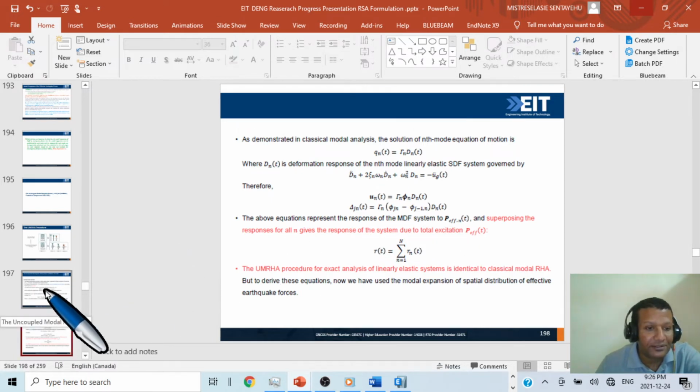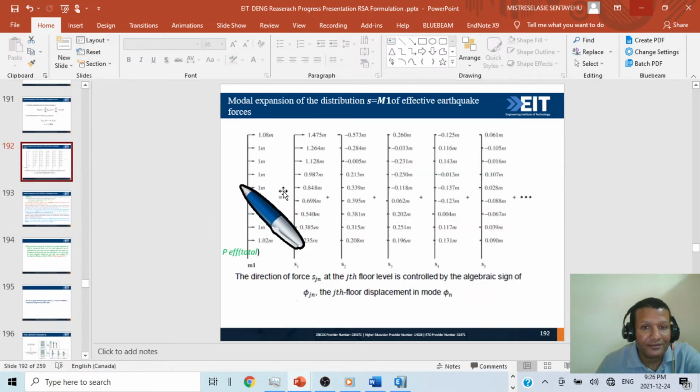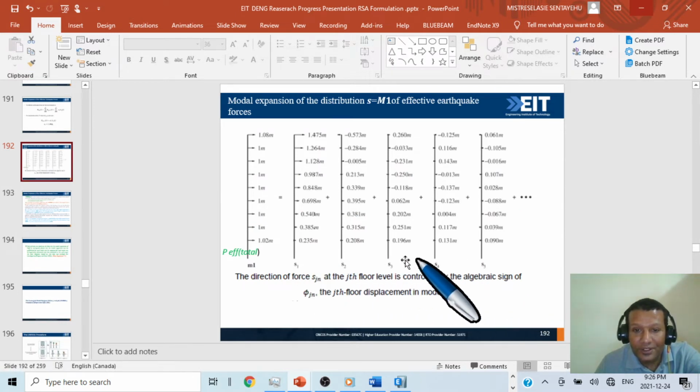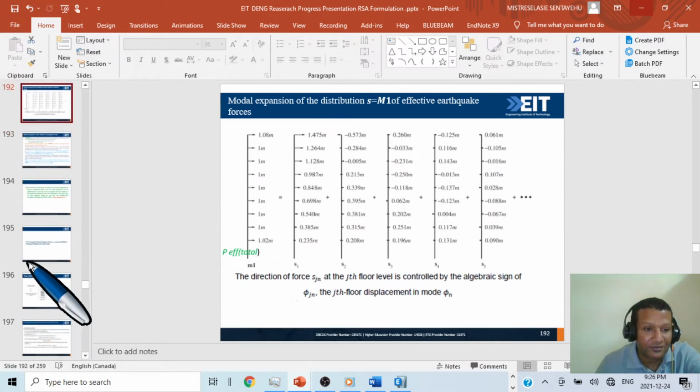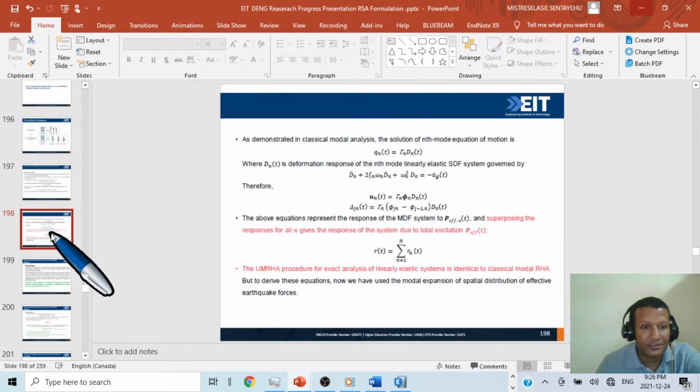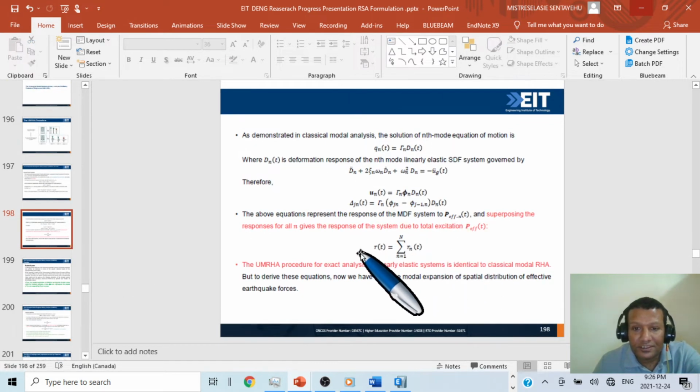So if you add all, it will give us the total P effective. I hope you understand. So this is Rn for each mode, from 1 up to n modes.